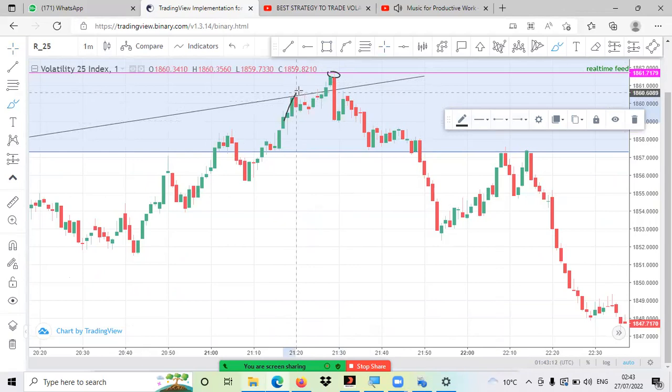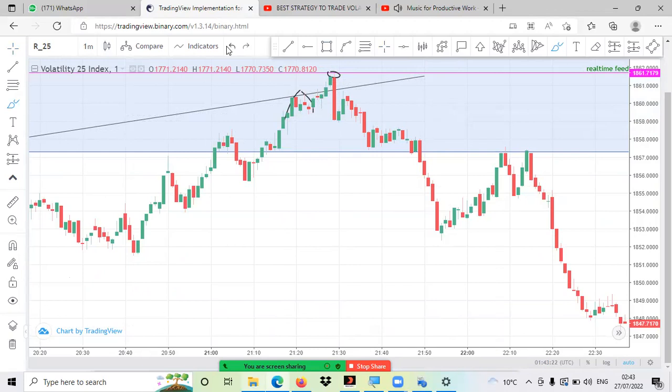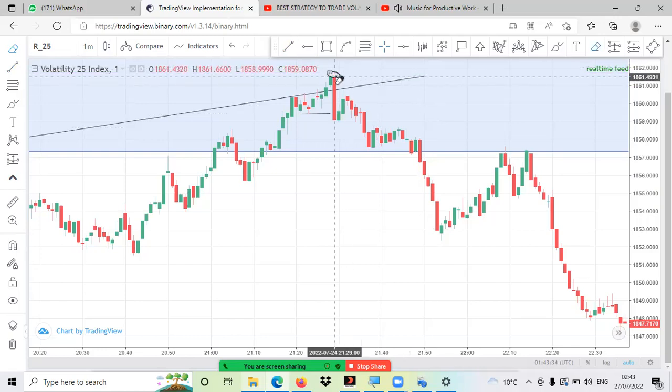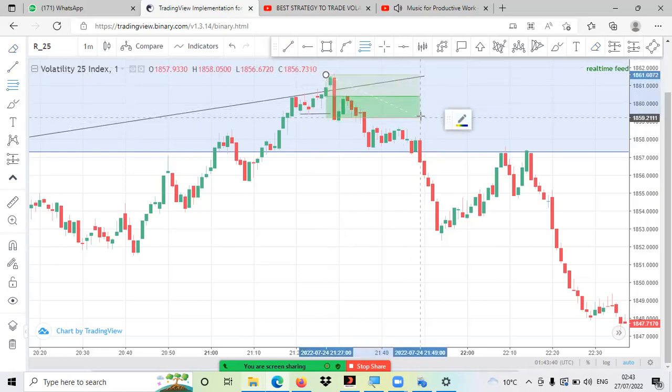The market left this particular area which acted as liquidity before going to the downside. You can clearly see we had a change of character. Again, how can you miss the first entry? How can you trade this block?